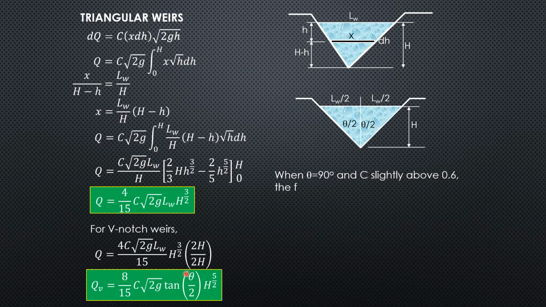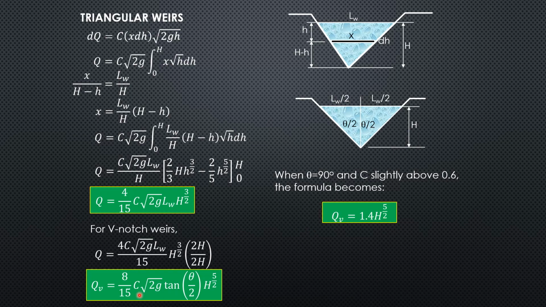So when theta is 90 degrees, tangent of 90 over 2 is tangent 45, which is equal to 1. And combining with C, which is slightly above 0.6, the formula becomes, it's easy to remember, 1.4 big H to the 5/2.